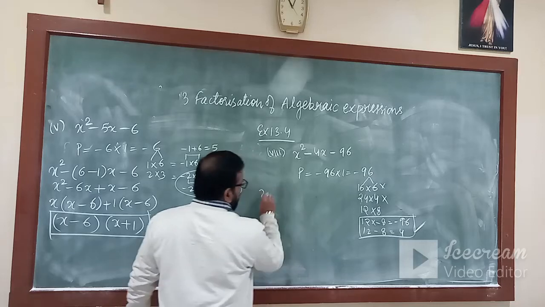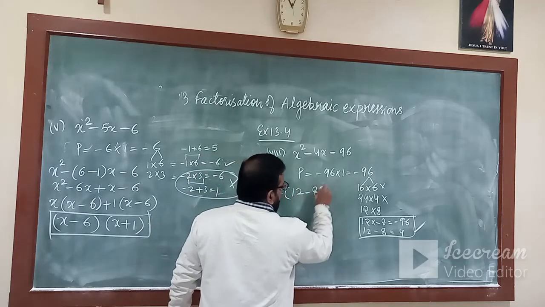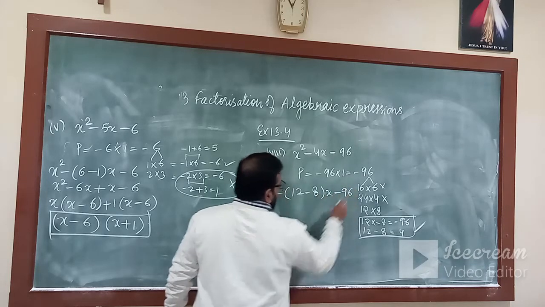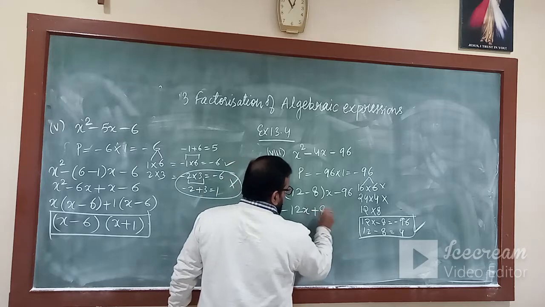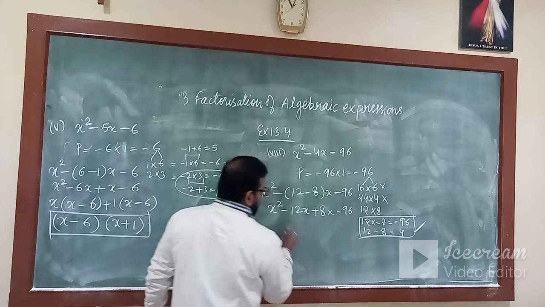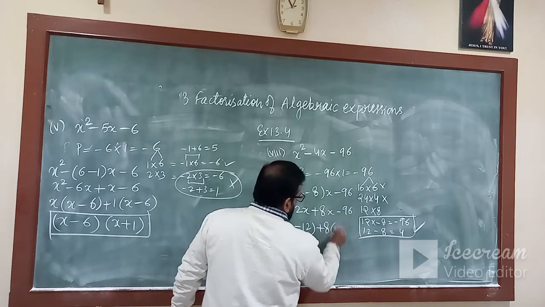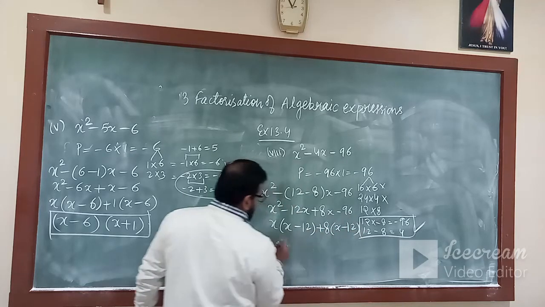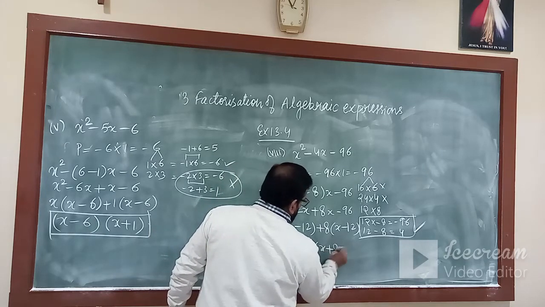So finally, instead of 4 I can write 12 minus 8. x square minus 12x plus 8x minus 96. x common, x minus 12, plus 8 common, x minus 12. x minus 12 is taken out, it is x plus 8. Okay.